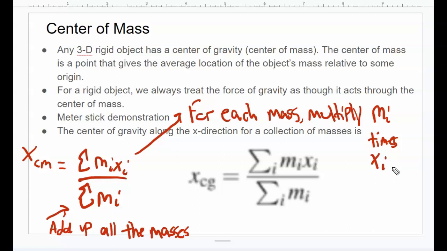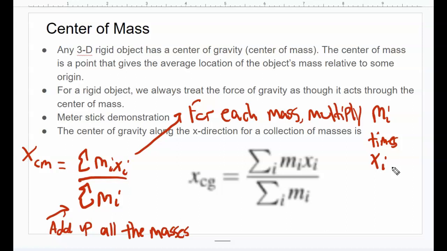On the top, we're adding up however many terms we have, based on how many masses we have in the problem. So, for example, if we want to find the center of mass of 3 bowling balls, we would be adding up 3 numbers on the top and 3 numbers on the bottom.